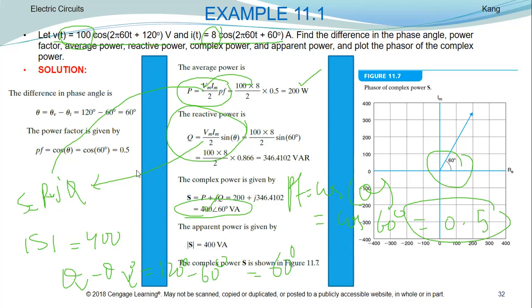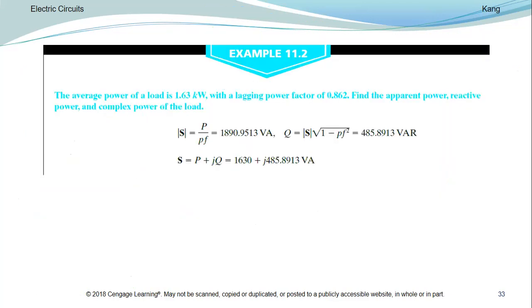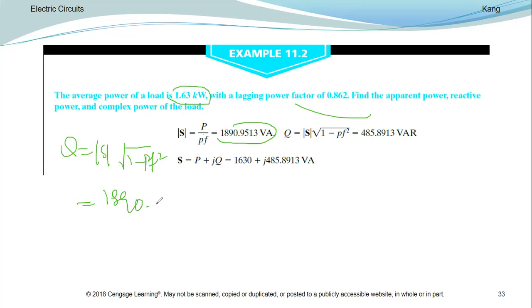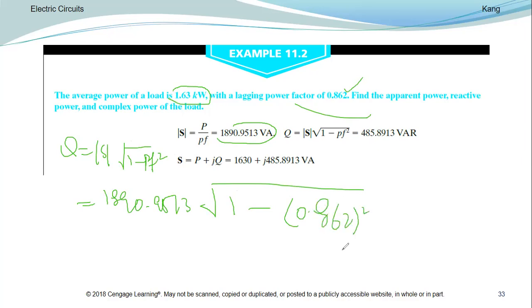Okay, let's move to 11.2. Find the average power 1.63 with the power factor this one. So S will be equal to P upon PF. So this is the value, and Q will be equal to, the formula is S into the square root of 1 minus PF square. So the value of S is 1890.9513 with the square root of 1 minus power factor 0.862 whole square.